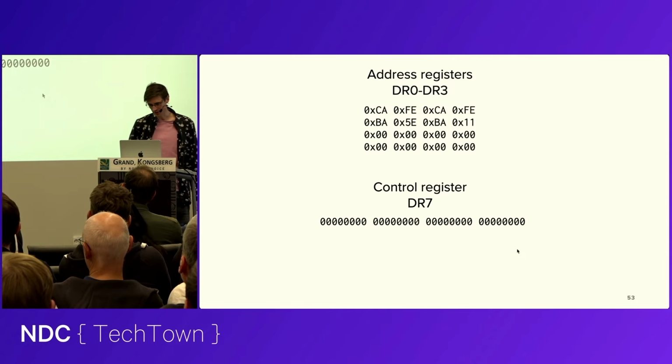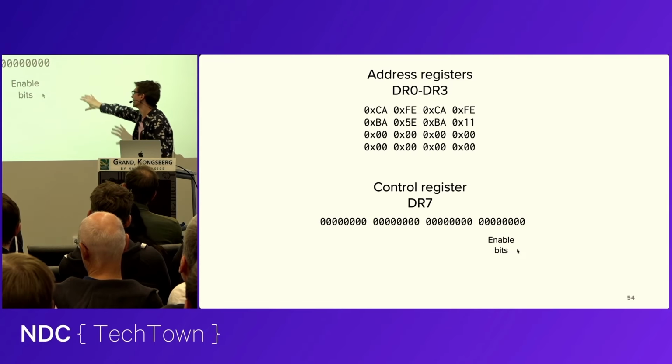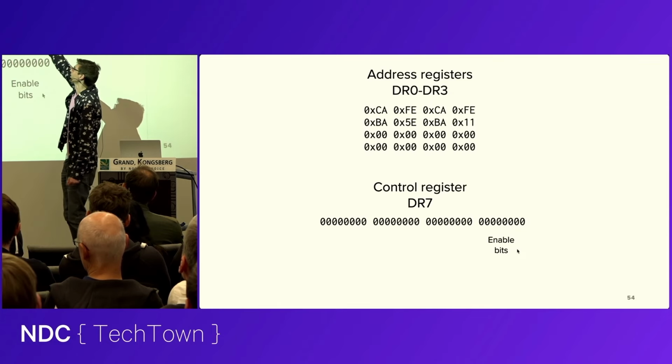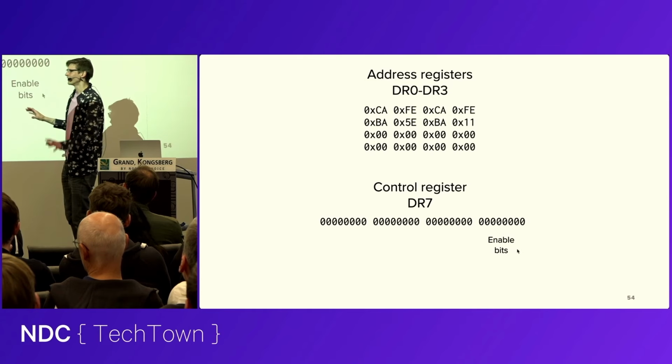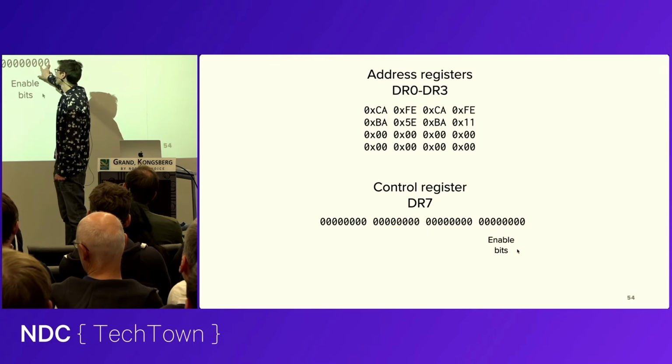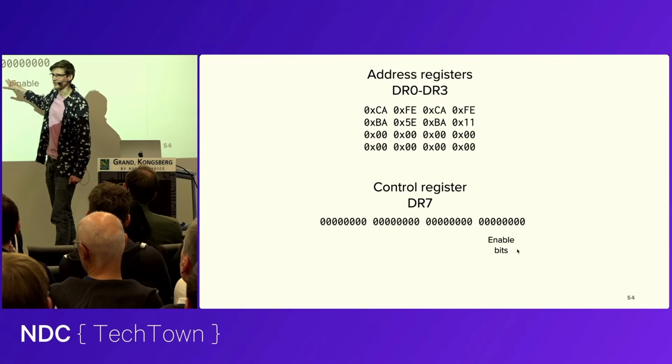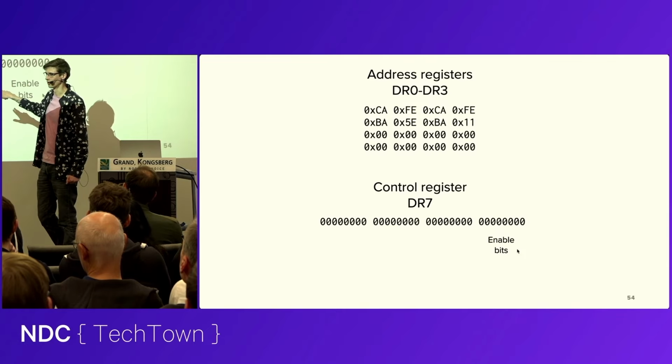So the control register has these least significant bits to enable these breakpoints. It's a little bit weird. There's 2 bits per register, and one of them doesn't make sense anymore because of how we've chosen to do operating systems.